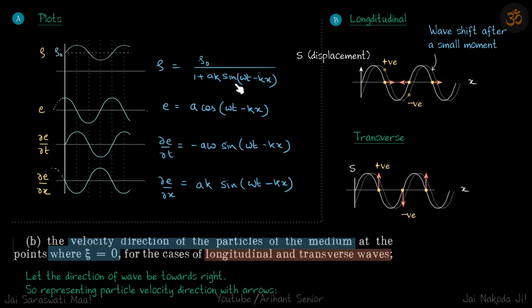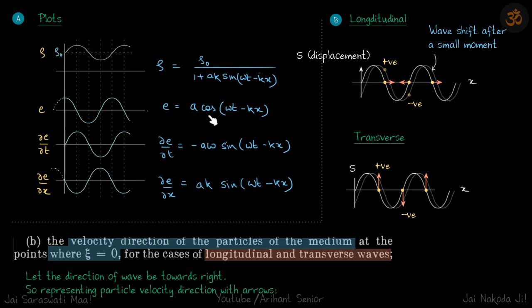The variation in this denominator is 1 plus some sinusoidal function. Of course this sine function will reach its maximum and minimum as plus 1 and minus 1, so rho will also reach its maximum and minimum like this. But of course this is not a sinusoidal variation. It looks like sinusoidal, but it is not. It is of this form. This is of course a sinusoidal function.